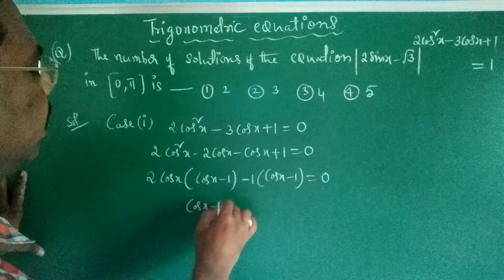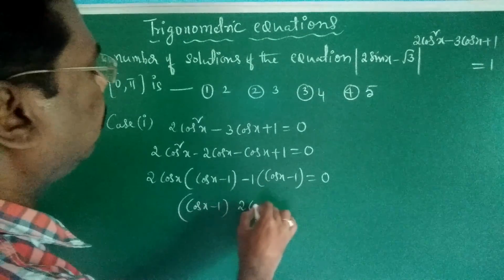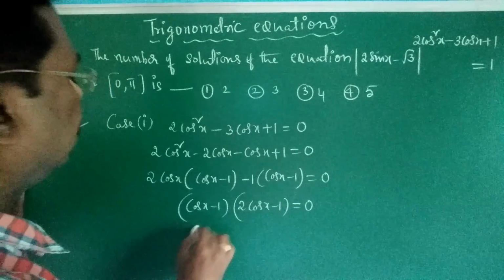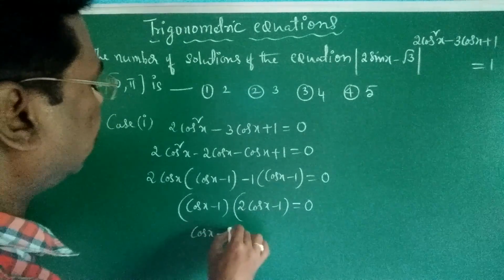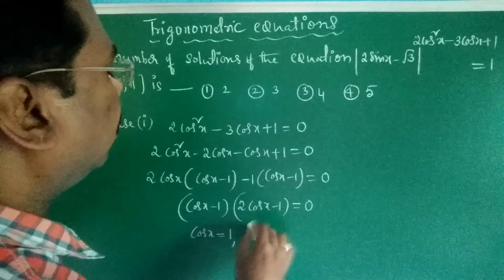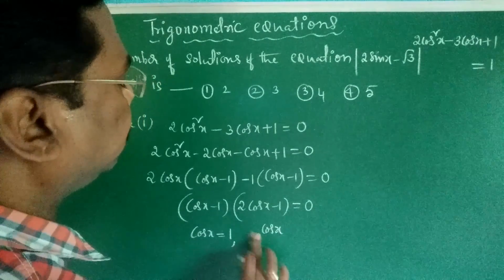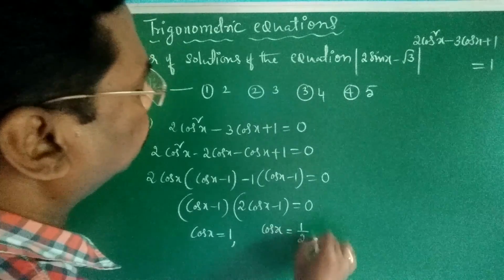Now cos x = 1, and 2cos x = 1, so cos x = 1/2.